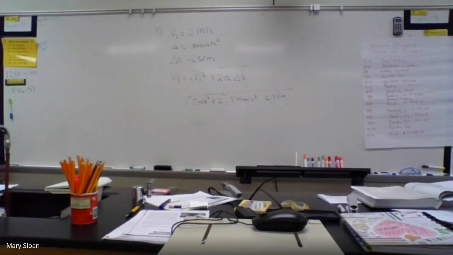May I tell you, easiest way is do the math first and square root last. I always do that. If you're having an issue, do the math first, then do it. So what is 0 squared? 0. Okay.